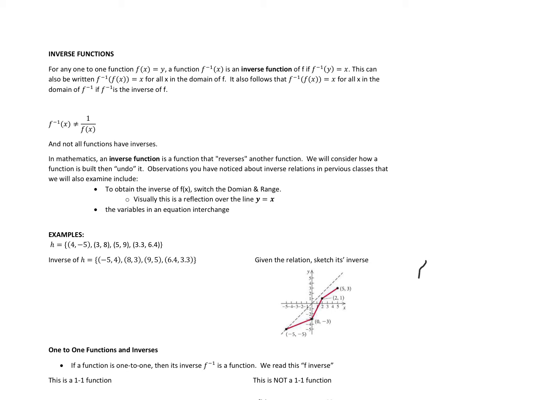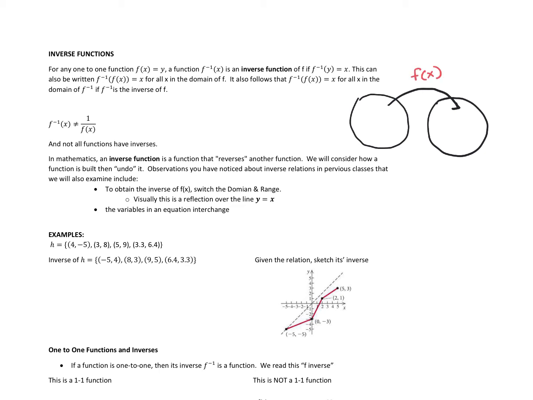What are inverse functions? Well, inverse functions are functions that undo the original function. If we think about a one-to-one function, and we must have a one-to-one function in order to have an inverse, let's call this function f of x.